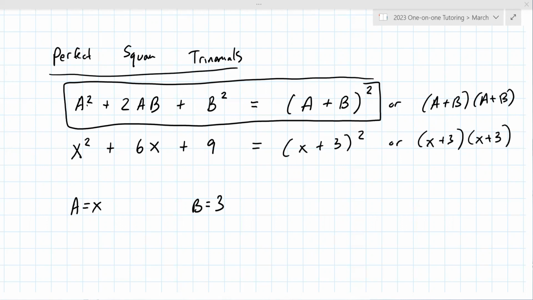All right, so we're going to look at some problems now using that formula again. The idea here is to figure out what is A and what is B. We'll make them very simple to start out. Let's say it's x squared plus 10x plus 25. What is A and what is B?